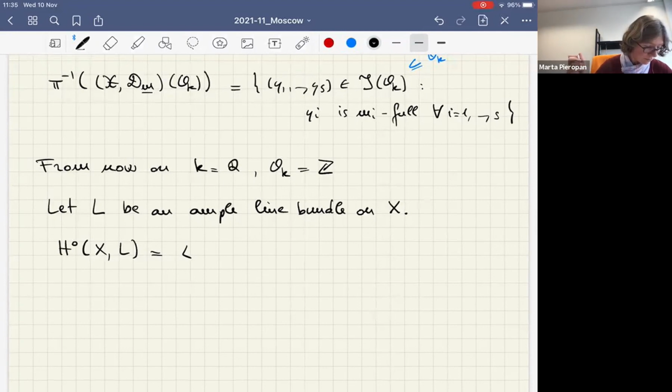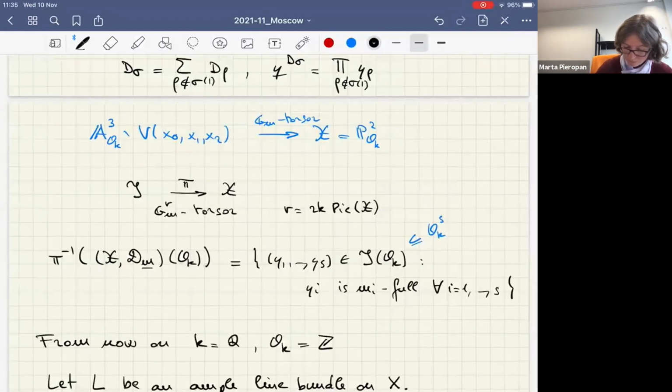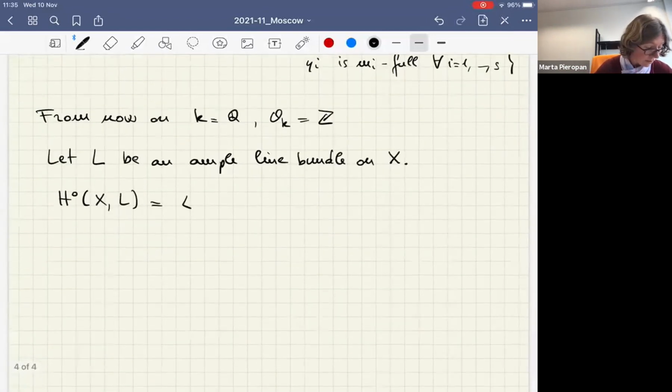How do I write this down for you? The one thing that we do have is that we can write all our effective divisors linearly equivalent to L as linear combinations of L_sigma, where sigma is a maximal cone.